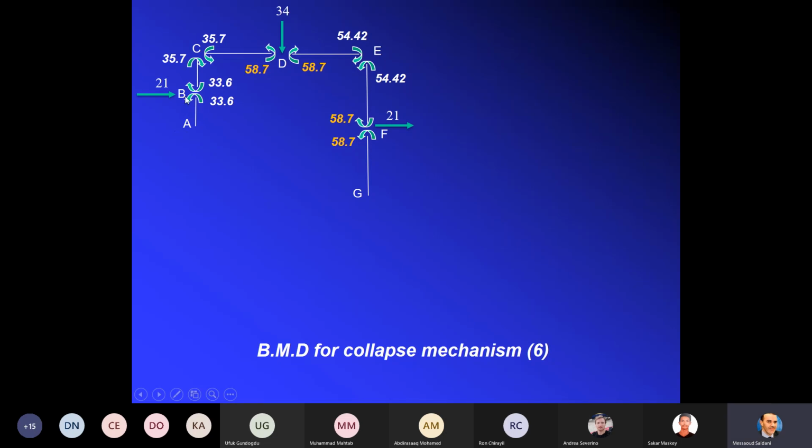The tension here at B will be on this side. Do you agree? Yes, sir. And then we have tension at B on this side here, on the inside. Then we have tension on this side here at C, to the left. Then at C here we have tension at the top.